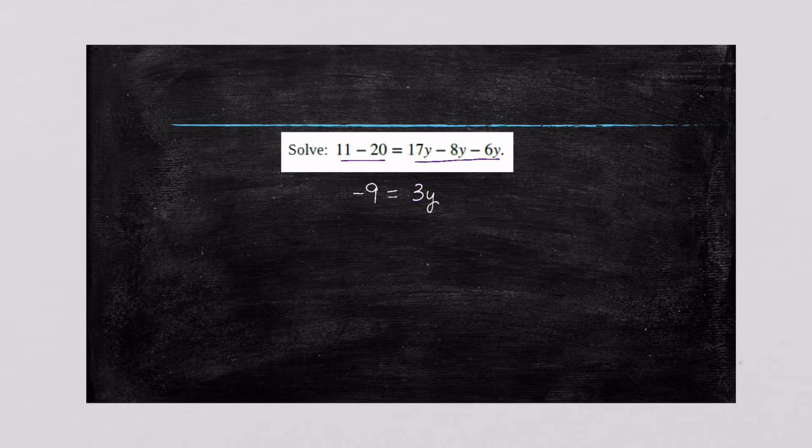Now I need to divide both sides by 3. Negative 9 divided by 3 is negative 3. 3 divided by 3 is 1, or 1y. So then to check my work, I would put negative 3 in for each of the variables.